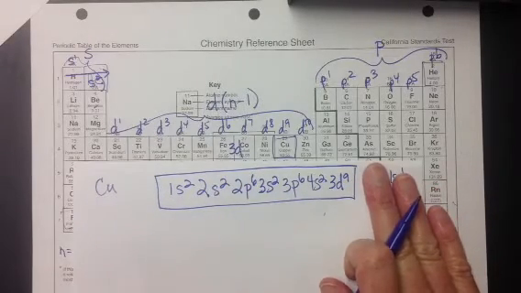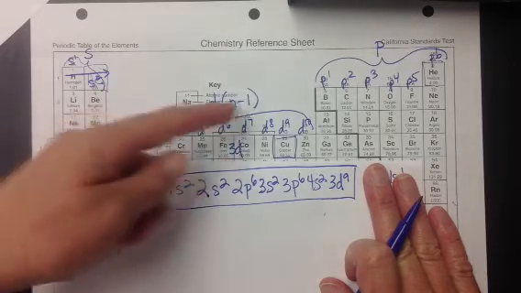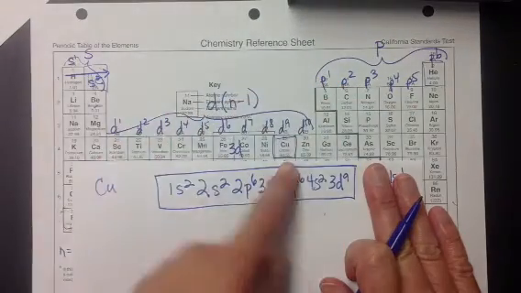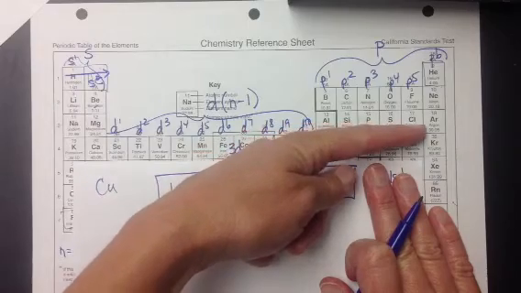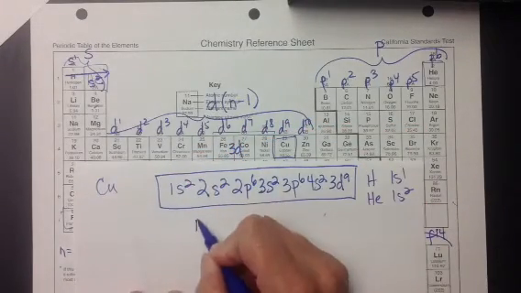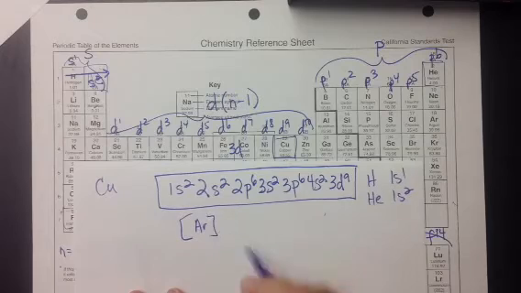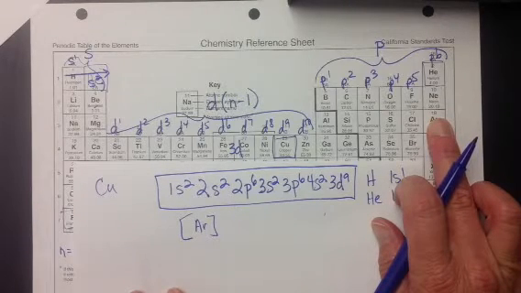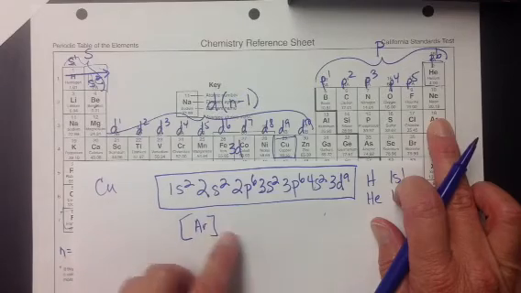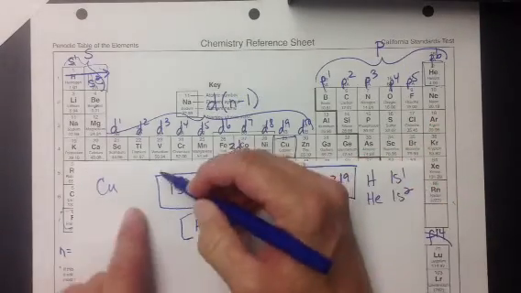Now, this is kind of long, so we have a nice little shortcut way that we can write this. It's called noble gas notation. What you do is you go to the previous noble gas. As I was on my way to copper, the last noble gas that I passed through was argon. So I would put argon in my square brackets, and that would take care of those 18 electrons, all the way up to 3p6.